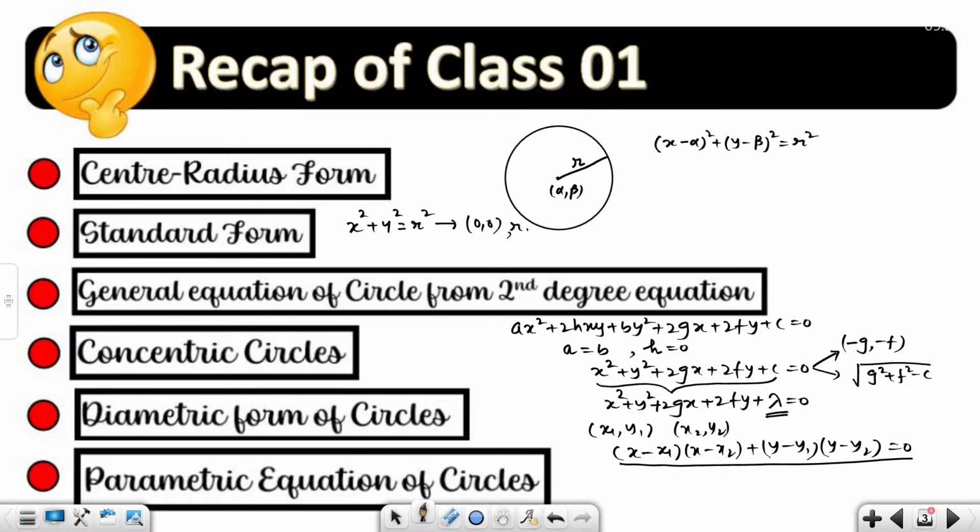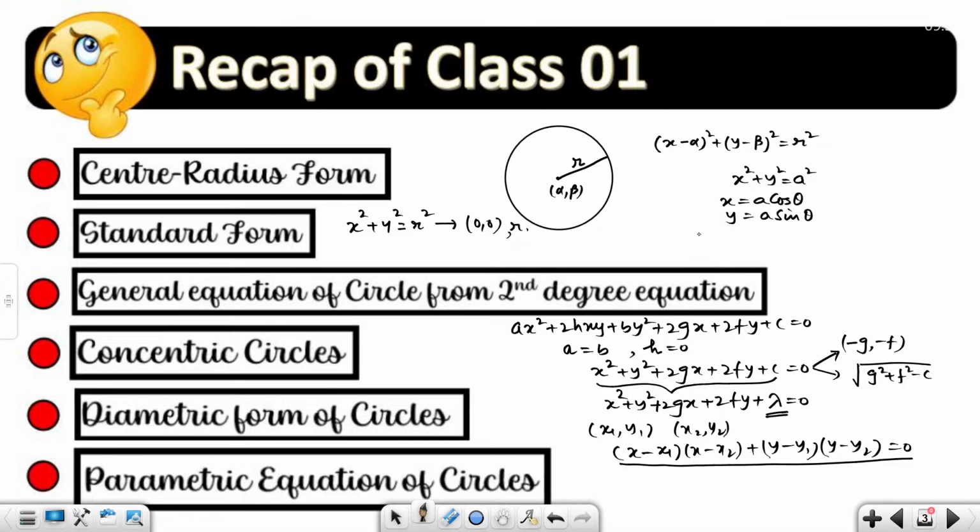Then the last part that we have done there is your parametric equation of a circle. We know that for a standard circle, which is x square plus y square equals a square, the parametric form is x equals a cos theta and y equals a sin theta. This I have already explained.